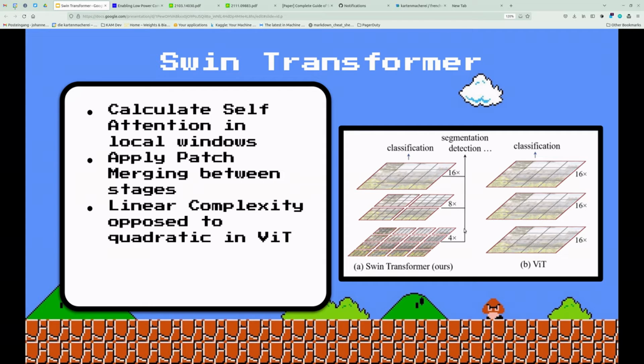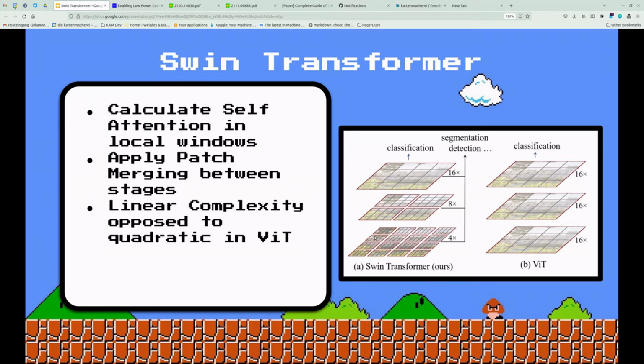Over here in this graphic, you can basically see the comparison. There are 3 stages. In the vanilla VIT, it always stays the same. So it's always the 16 by 16 patches. And then it's a global attention window, basically. And in Swin, you have hierarchical sizes of the patches.